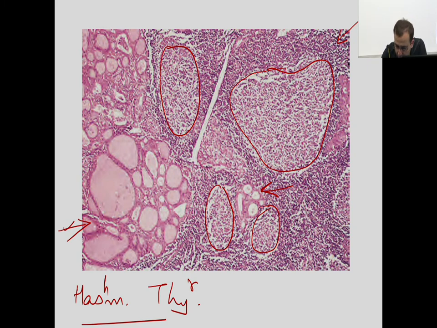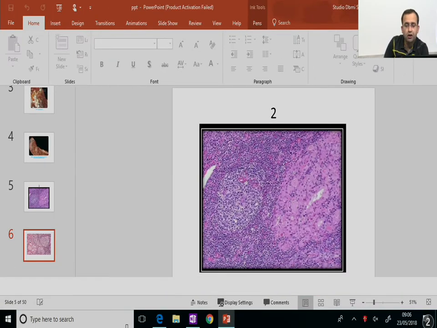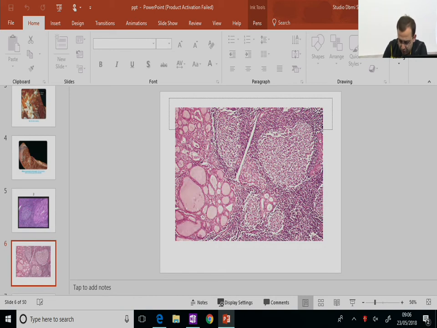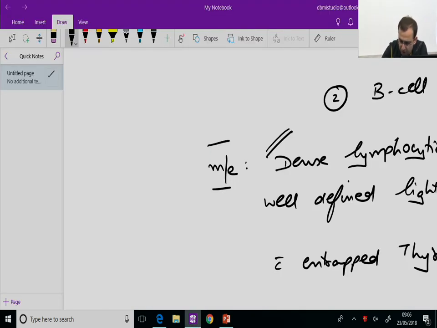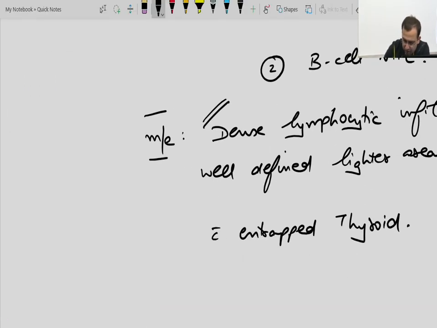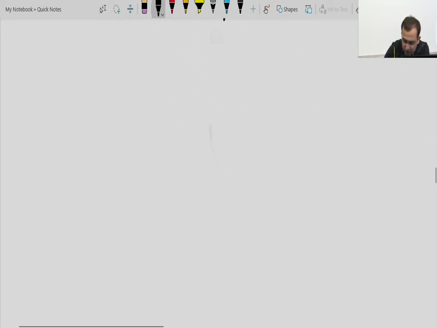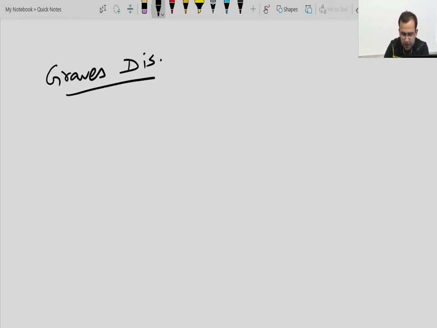Next, this gets us to a disease totally opposite of Hashimoto's thyroiditis, which is Graves' disease.